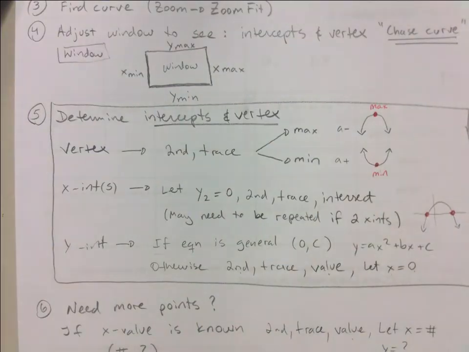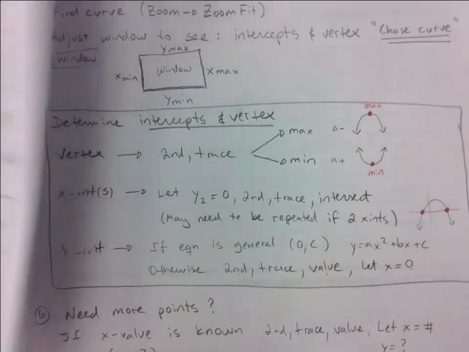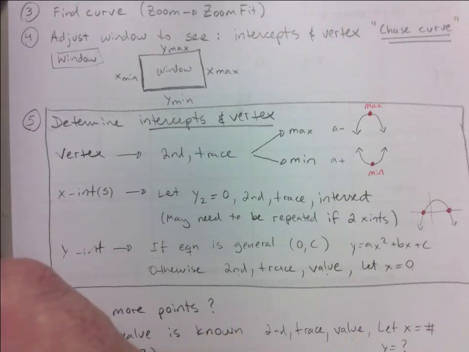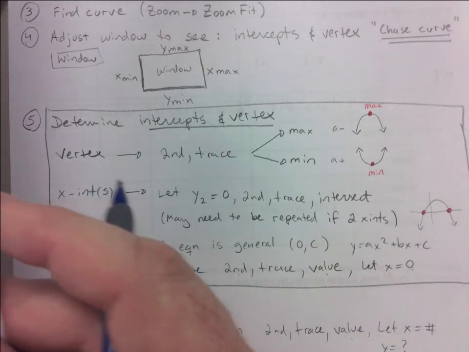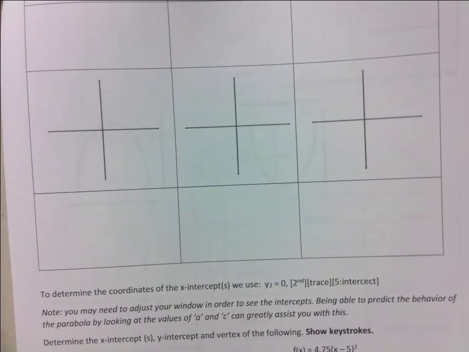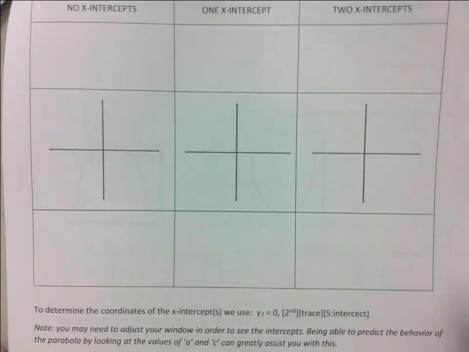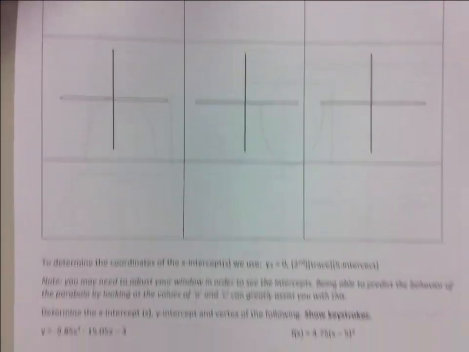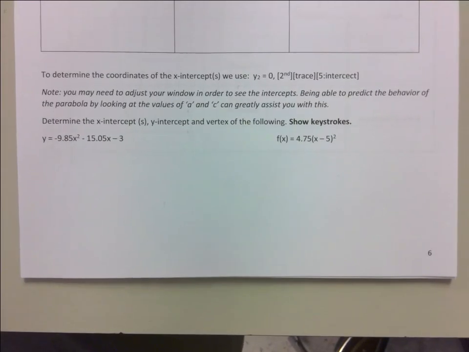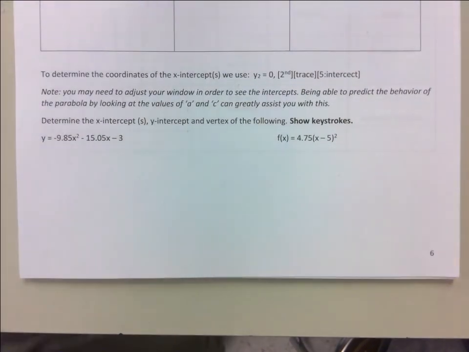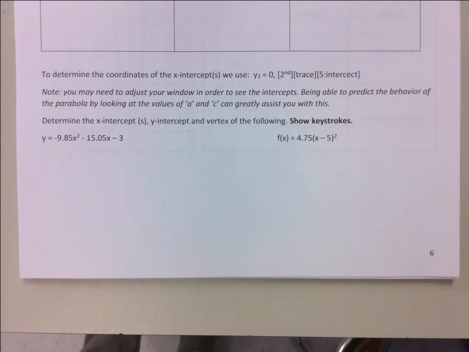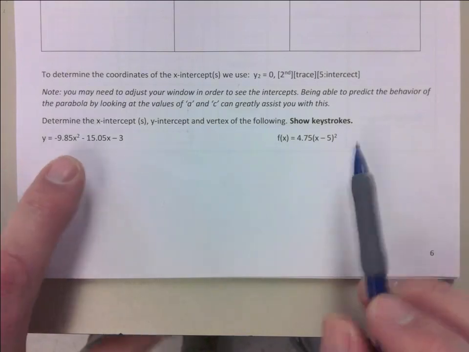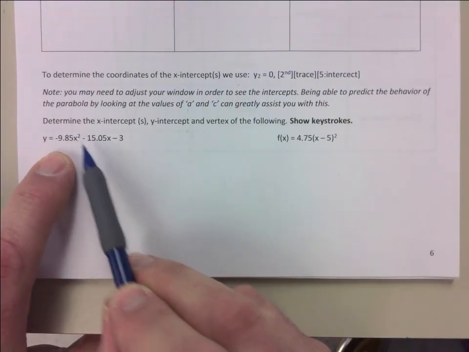All right. I'm going to ask you right now to go to page 6. I have two functions there, two quadratic equations. How do we know they're quadratic? This has an x squared.